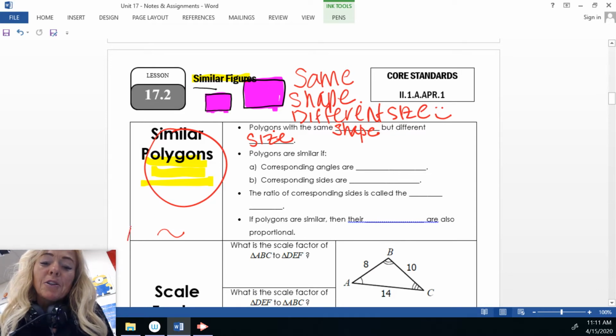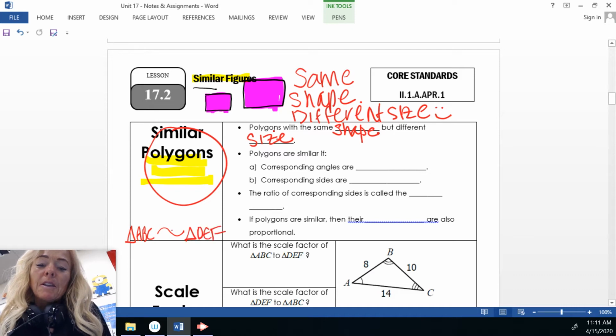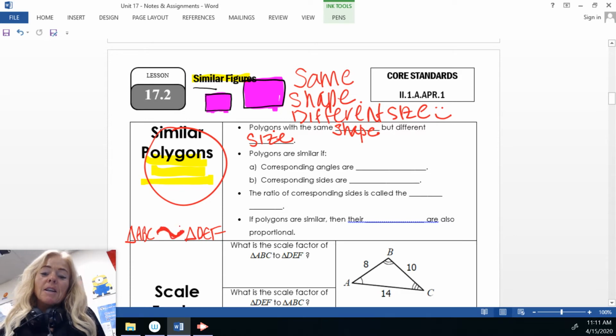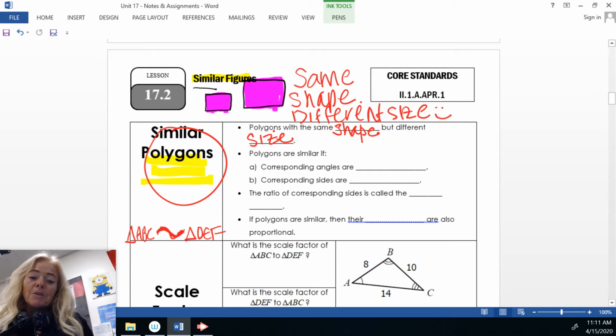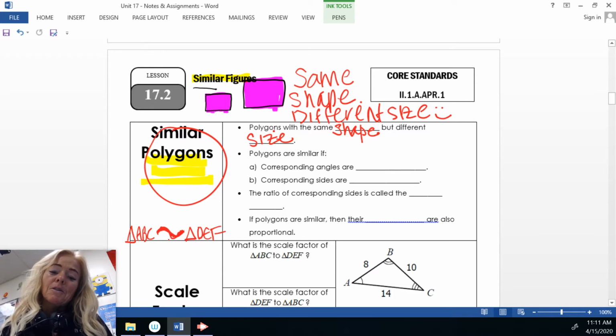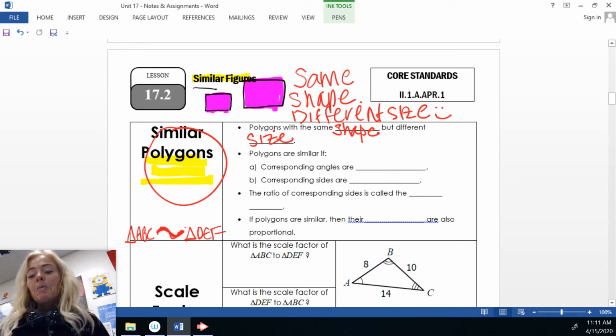So if I say triangle ABC is similar to triangle DEF, then that's the symbol for it. It looks just like the top part of a congruent sign, so that makes a lot of sense. They're not totally congruent. They are similar, but they're not congruent, so we don't have the entire congruent symbol between the two triangles. We just have the little similar symbol.